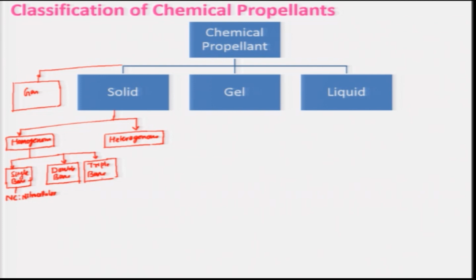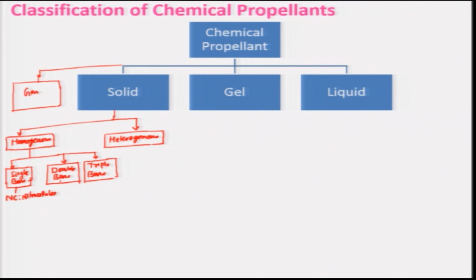And in triple base, three kinds of base can be used, like fuel, oxidizer, and other things, and that is known as triple base. The most suitable, or mostly used, propellant in the homogeneous category is the double base propellant. An example is nitrocellulose and nitroglycerin being used for producing a double base propellant.